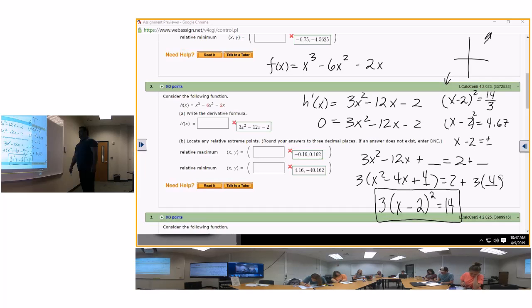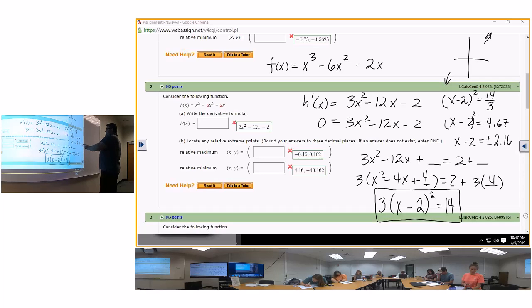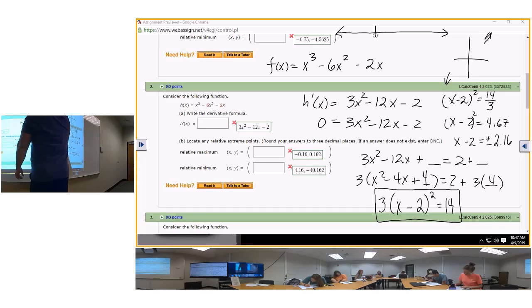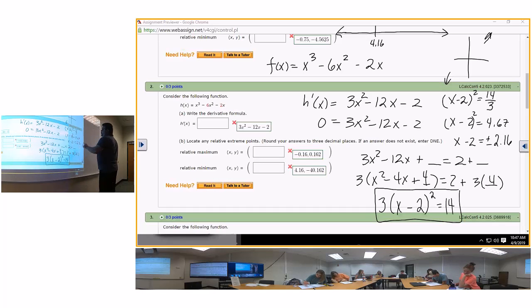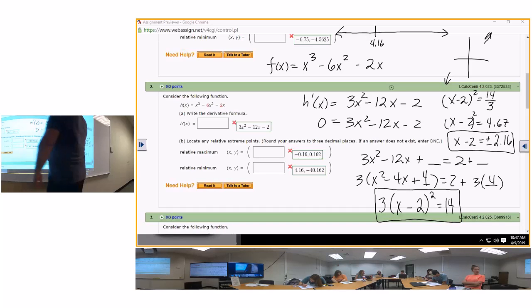What's the square root of 4.67? 2.16. 2.16 plus 2 is 4.16. So we've got a positive 4.16. And then what is negative 2.16 plus 2? Negative 0.16, right? So that's our 2. So negative 0.16.